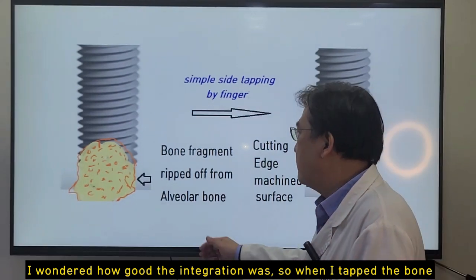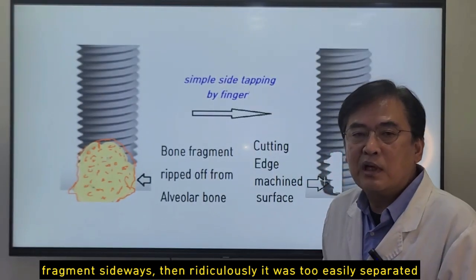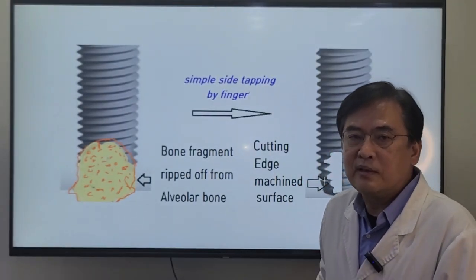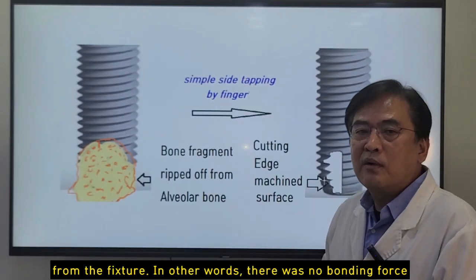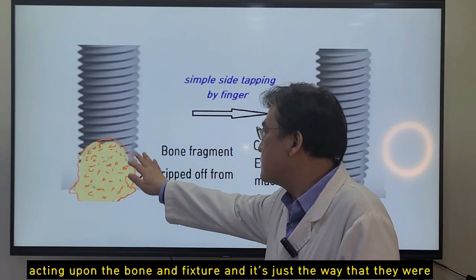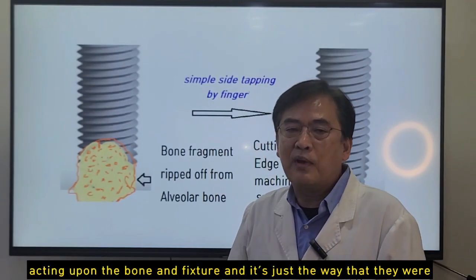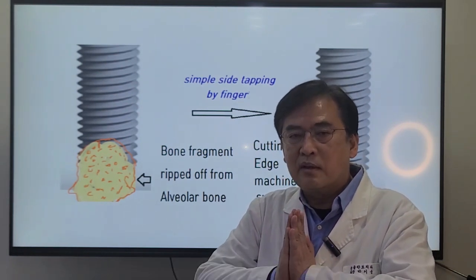When I tapped the bone fragment sideways, it was ridiculously easily separated from the fixture. In other words, there was no bonding force acting between the bone and the fixture. They were just in very close contact with each other.